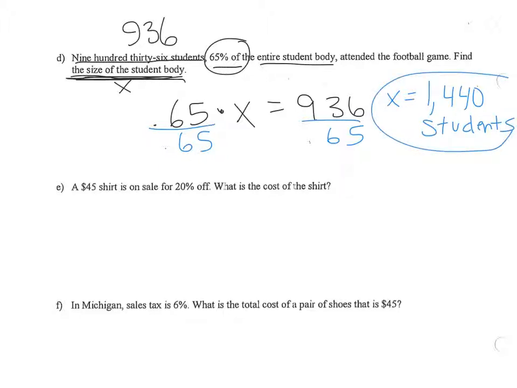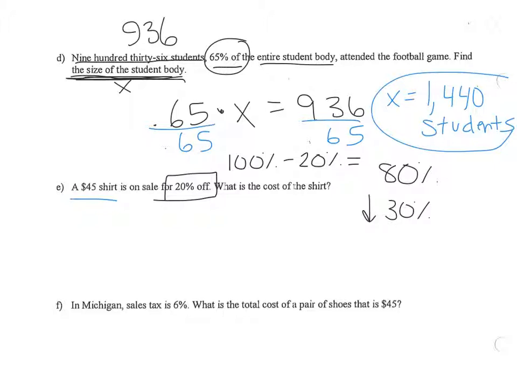Okay, and then E. So E is a sale price one. So you have a $45 shirt, and it's on sale at 20% off. 20% off means you started paying for something 100%, and you're losing 20%. So that means you're paying for 80% of the shirt. So I can write this as, if something is 30% off, it means you're paying for 70% of it.